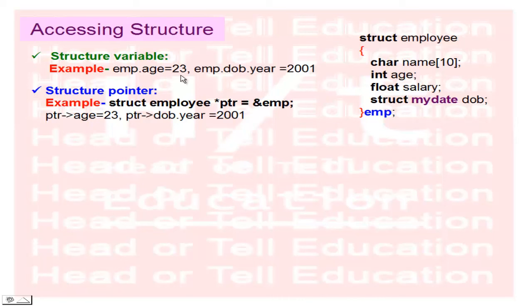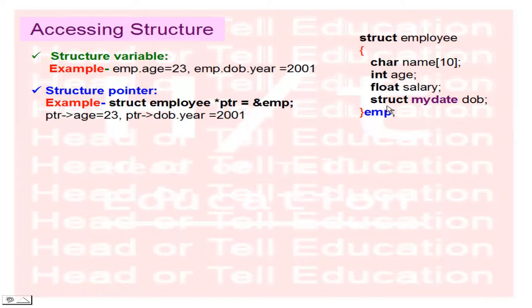Or if we use custom data type variables like dob, then employee dot dob dot year equals 2001 directly. But we need to separate by dot.